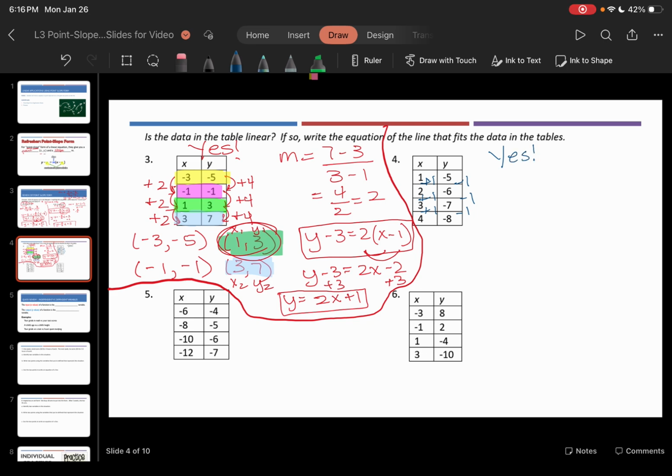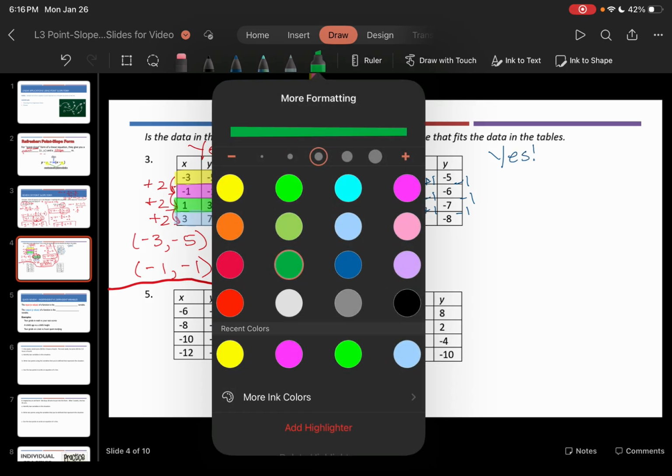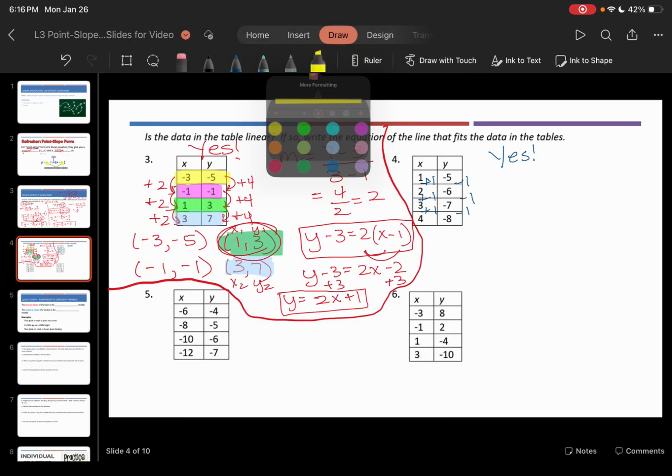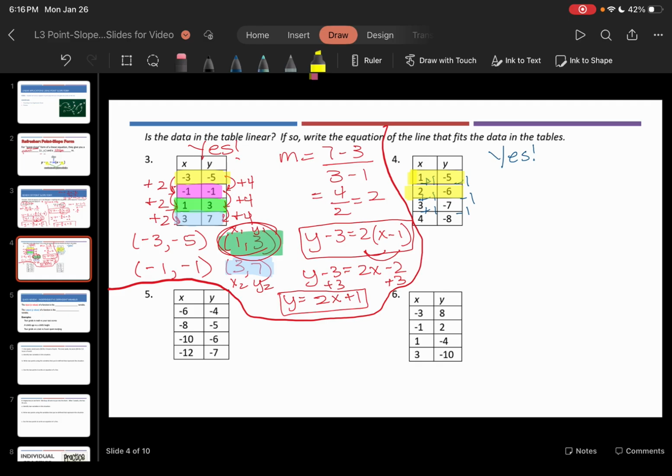Okay. So pick 2 points. I'm just going to highlight my 2 points. Let me get a nice yellow here. So I'll use this point and I'll use the one right below it. Keeping in mind, it's the point 1 comma negative 5 and 2 comma negative 6, right? Like x comma y.